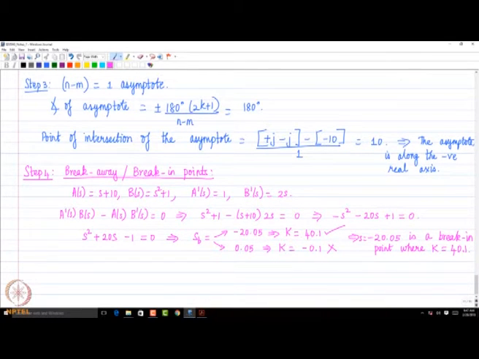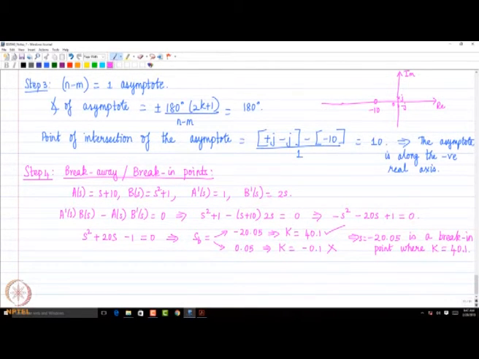So, in this case, what's going to happen is the following. You have an open loop 0 at minus 10. I'm not drawing to scale, but you get the idea, right?